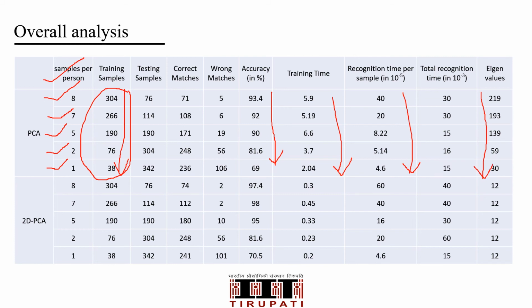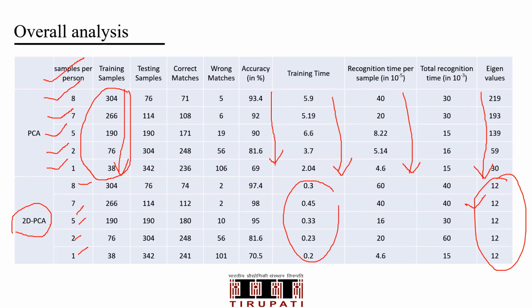And it is similar for 2D PCA also, except for eigenvalues. From our experiment, I have found that the eigenvalues that the 2D PCA is considering remain constant, whether we are training with 8 samples, 7 samples, 5 samples, 2 samples or 1 sample. And also the training time for 2D PCA is very less, which means it is faster in training the model.